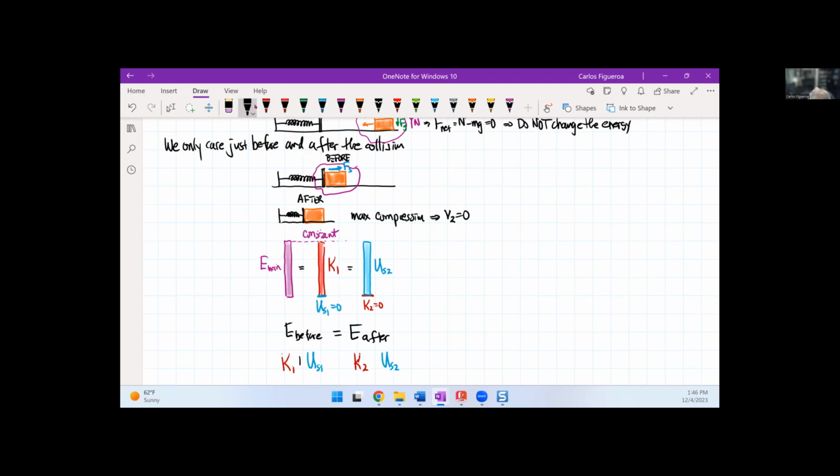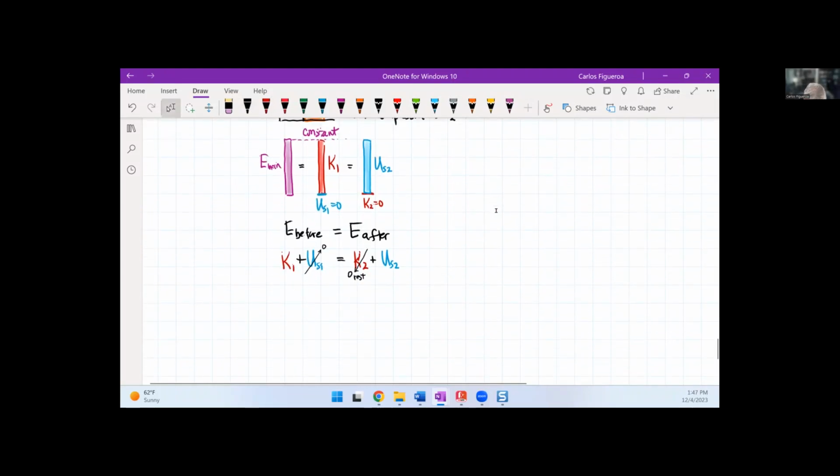These have to be identical, but there was really no contact with the spring at first, and at the end we brought it to a rest. So conservation of energy tells me I could write that this is 1/2 mv1 squared plus 0, which equals 0 plus 1/2 kx2 squared.